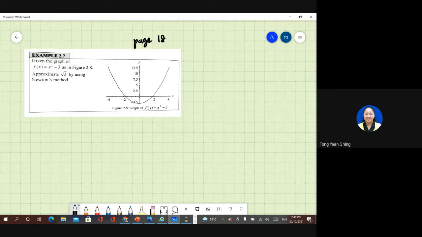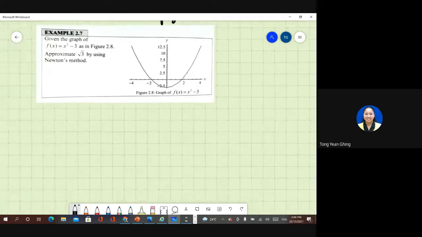Okay, so example 2.7, given the graph of f(x) equals x squared minus 3 as in figure 2.8, approximate square root of 3 by using Newton method. Okay, Newton method tu maksudnya Newton-Raphson method lah. That is a short form of Newton-Raphson method.